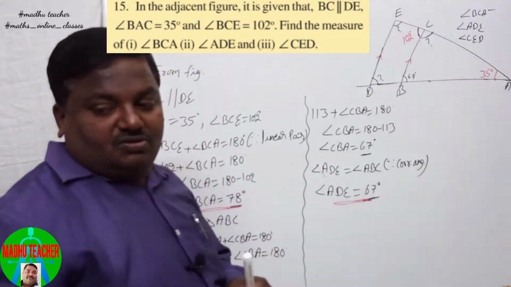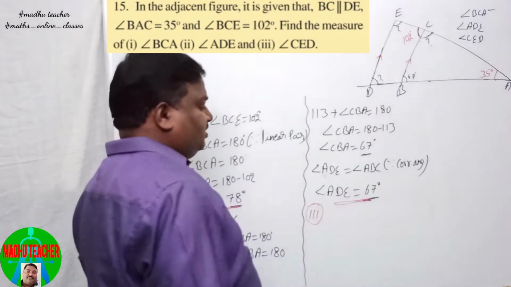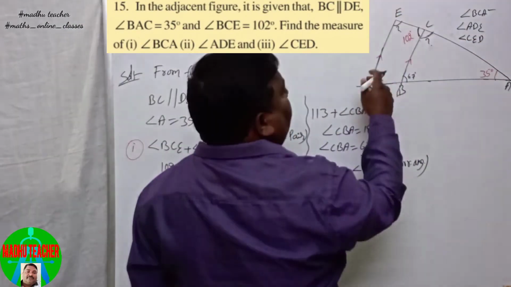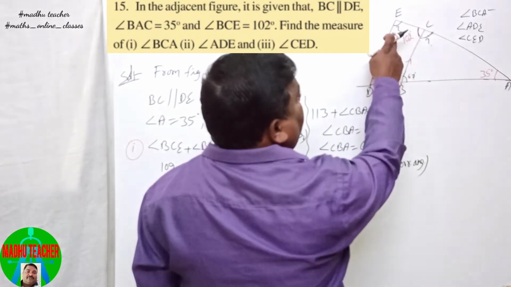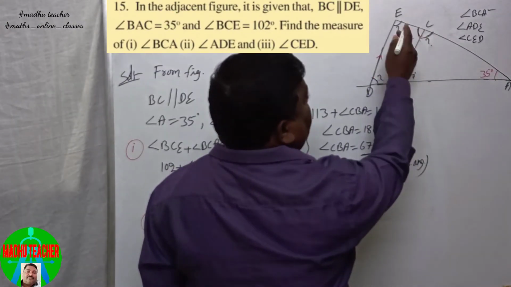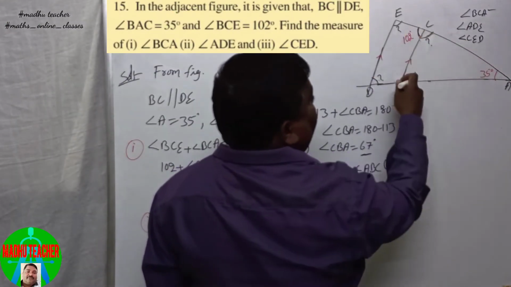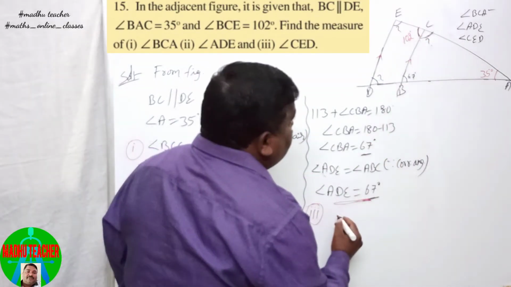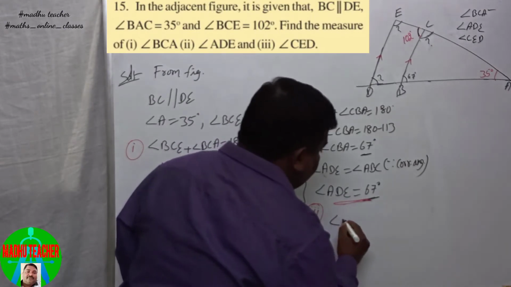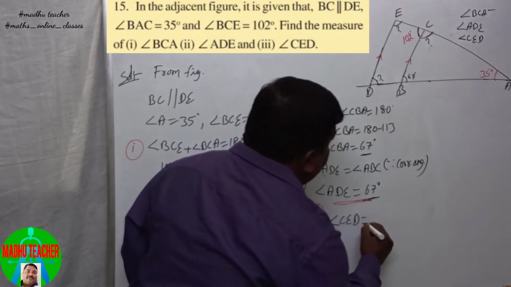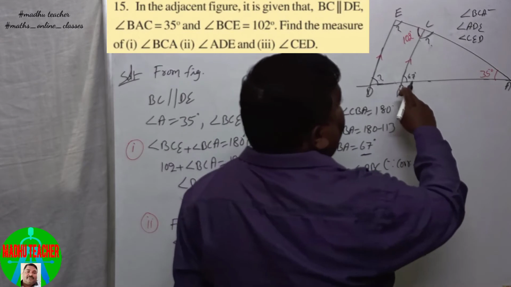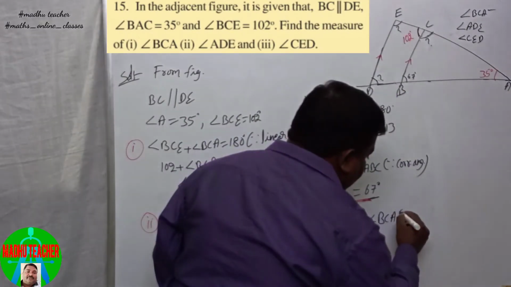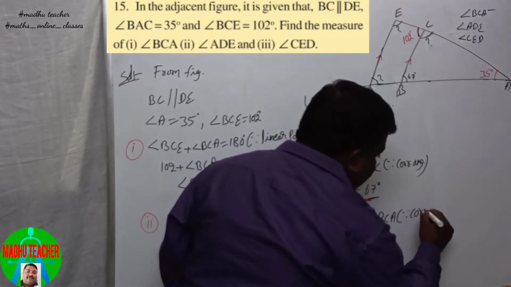Next, what is the third question? Angle CED. You have to find this by observing these two angles, angle E and angle ACB. These two angles are corresponding angles. So angle CED equals angle BCA, since they are corresponding angles.